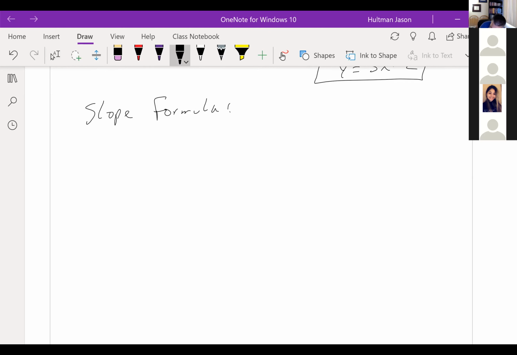Okay, slope formula. What's the slope formula? Slope formula, m equals y2 minus y1 over x2 minus x1. Okay, for two points on a line, x1, y1. Could you scroll back up a second?